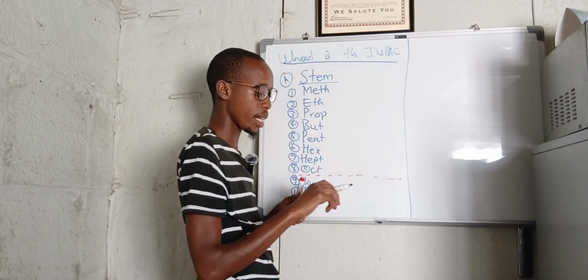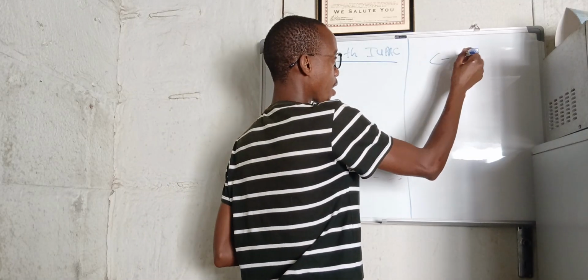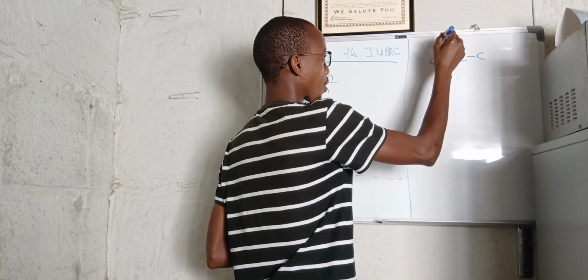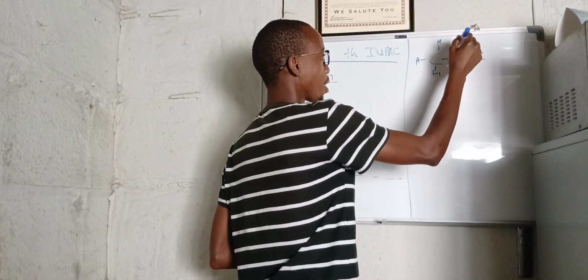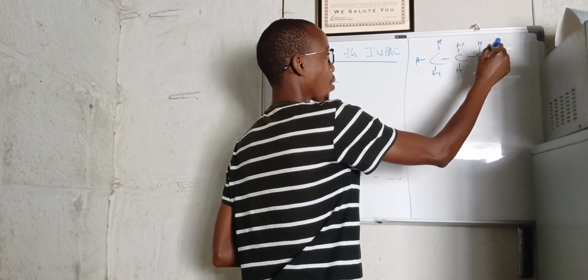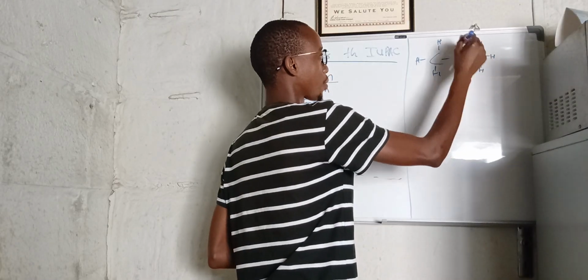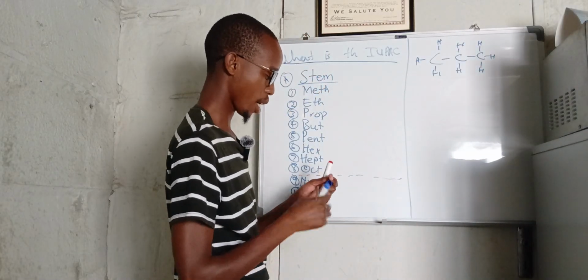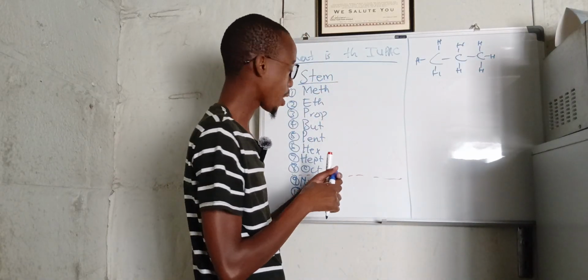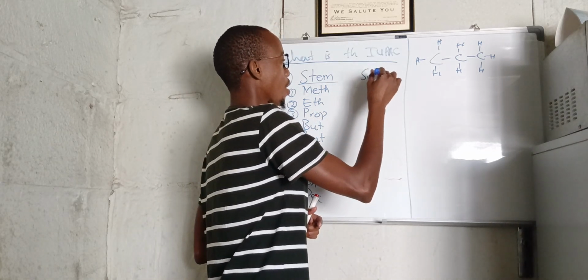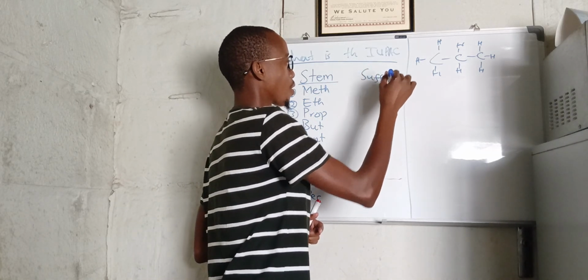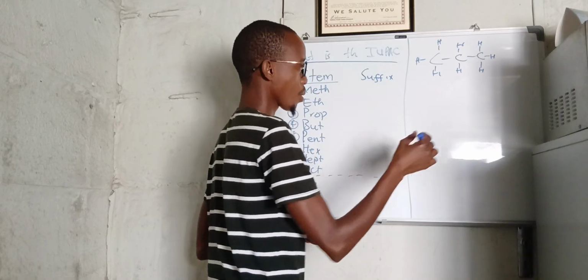Let's go to the example that I've just made. So I had this as my example. This is the structure that I gave you a few moments ago. Before we come to name that, there's also what we call suffix, or maybe suffixes.